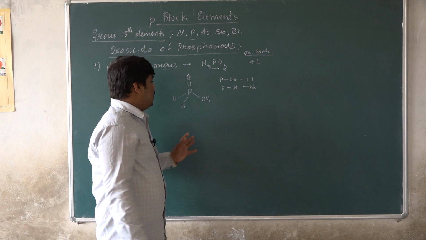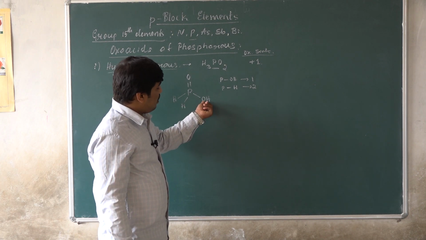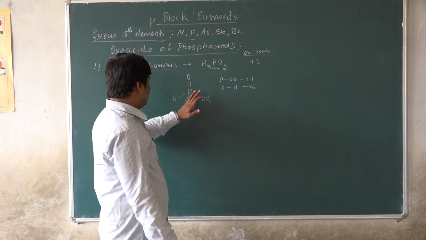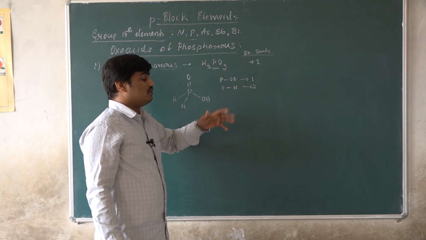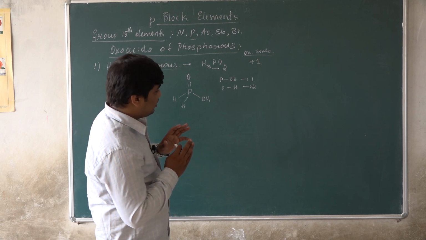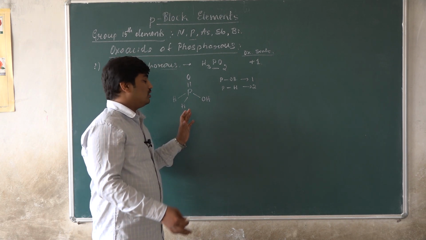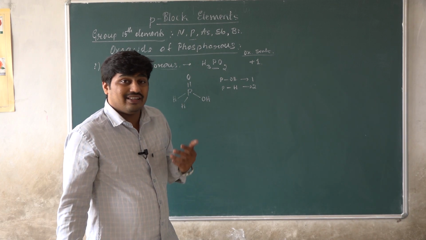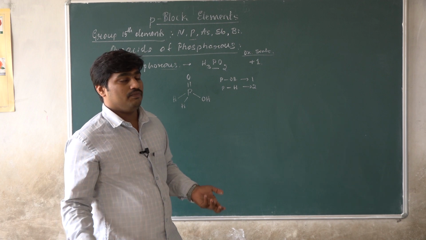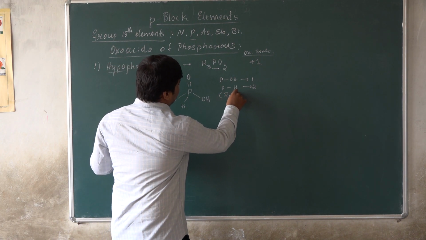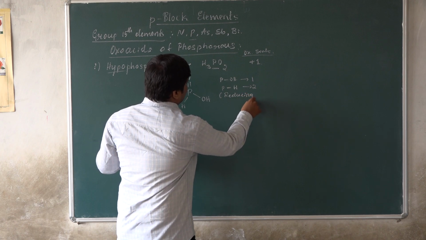Just observe, the bond cleavage of the oxygen-hydrogen bond is a little difficult compared to the phosphorus-hydrogen bond, which is easily used, and the hydrogen reduces the other compound. In that manner it gets the capacity of reducing nature. Okay, it has more reducing nature, more reducing capacity.